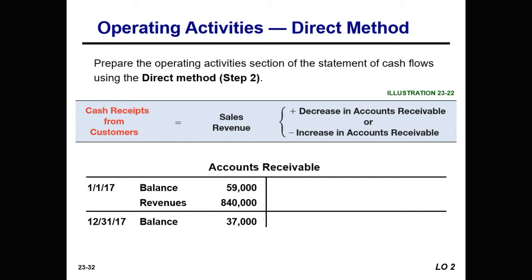Underneath the direct method, we would show cash receipts from customers is equal to sales revenue plus a decrease in accounts receivable or minus an increase in accounts receivable. So total receipts from customers is $862,000.